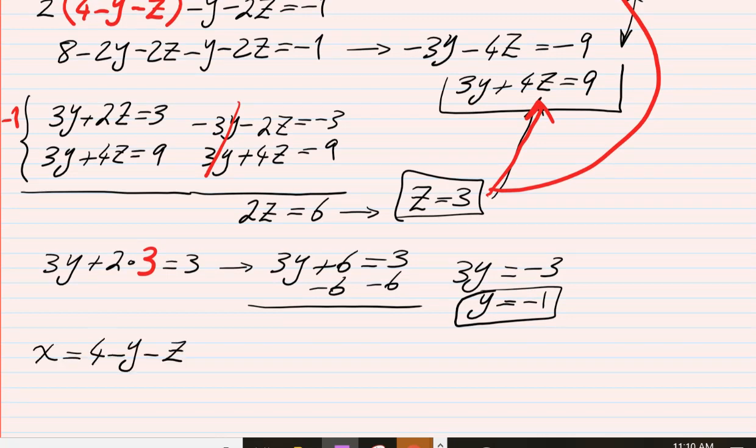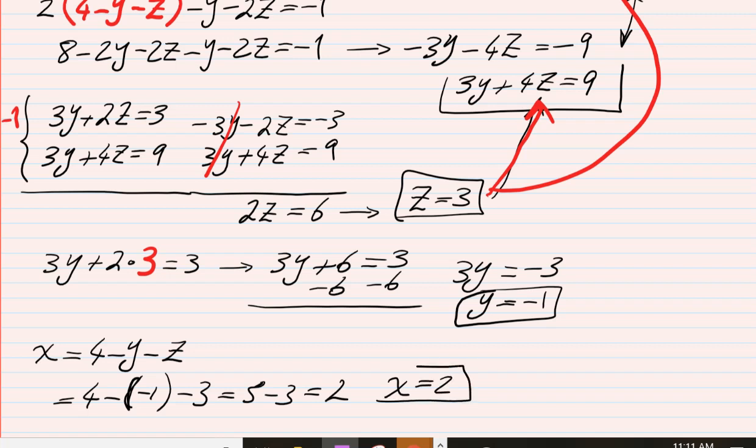And then I can substitute for y at negative 1 and for z at 3, minus 3. This will give me 5 minus 3, and that's going to be a 2. So x is equal to 2, and that will solve the system.